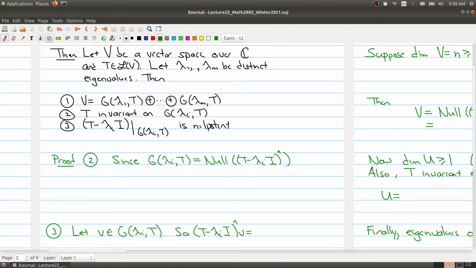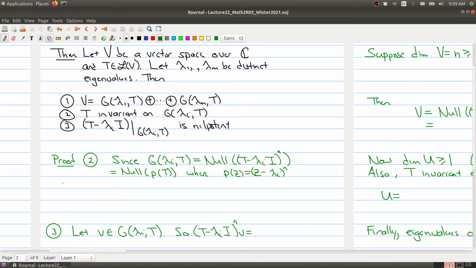That's the definition. And what we want to do is make use of the fact that this is equal to the null space of P(T), where we're taking our polynomial P to be the polynomial (z minus lambda I) raised to the power of n.